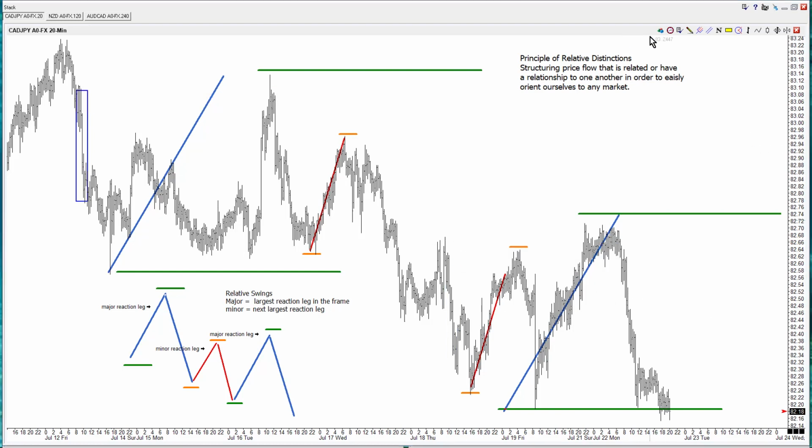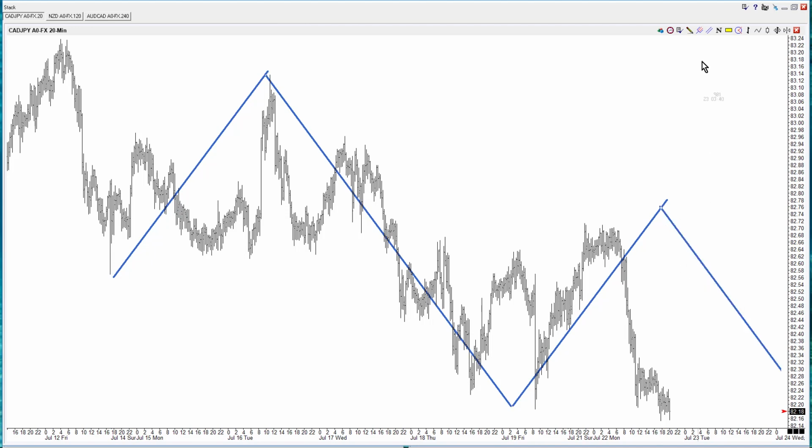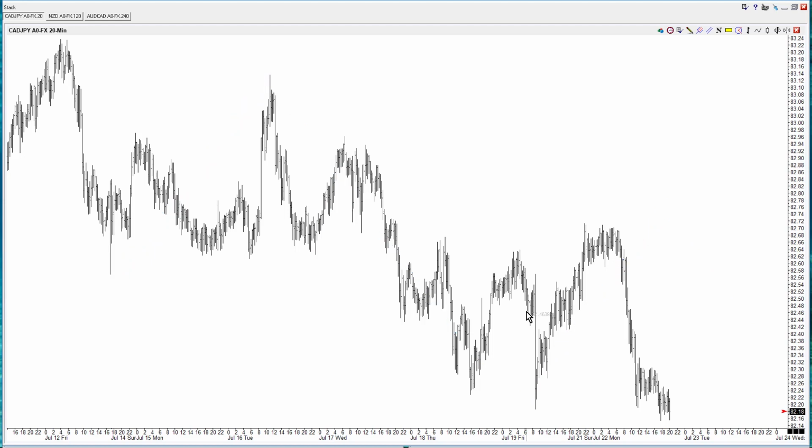So as you see, we go from this to seeing the waves in a market rather easily. There's a blue animal, and then there's this red animal, minus all of the other noise. It's a very simple structure.